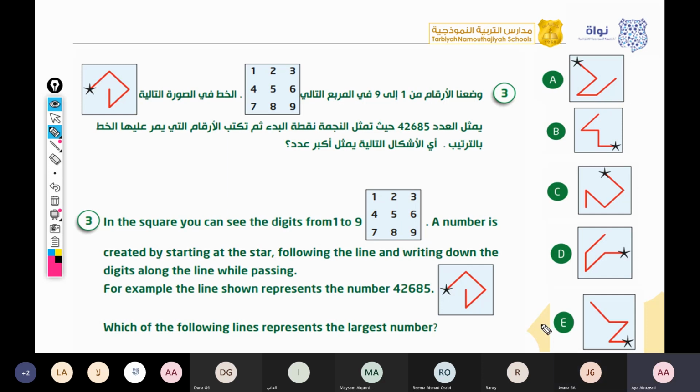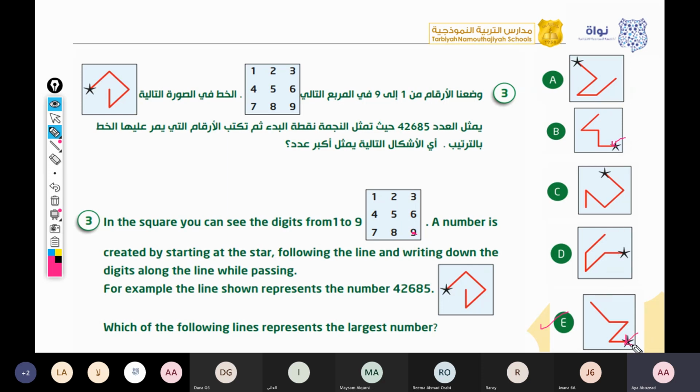Joanna, why did you choose E? I drew the path and traced it. If you start from 9, you will get the largest number. But you have two that start from 9.